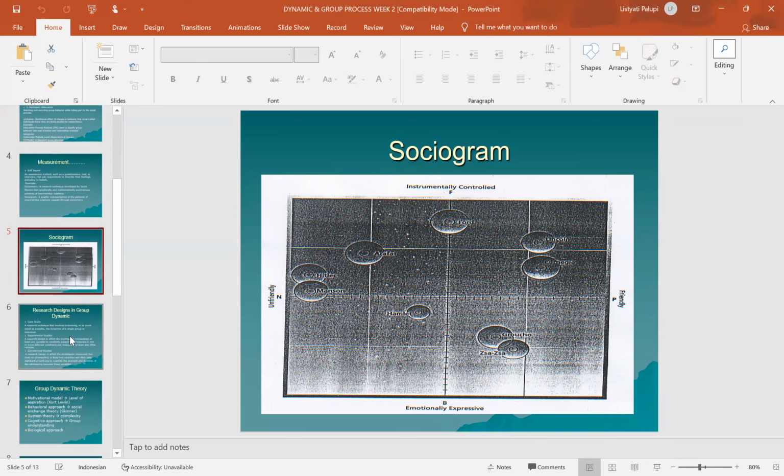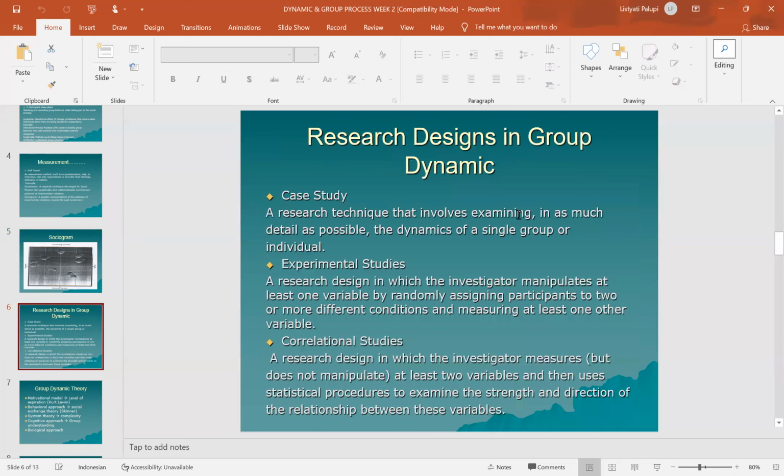Okay, now move to the next thing. We've just learned about measurement tools that are usually used by scholars in the field of group dynamics. And now we move to the next discussion, which is research design in group dynamics.